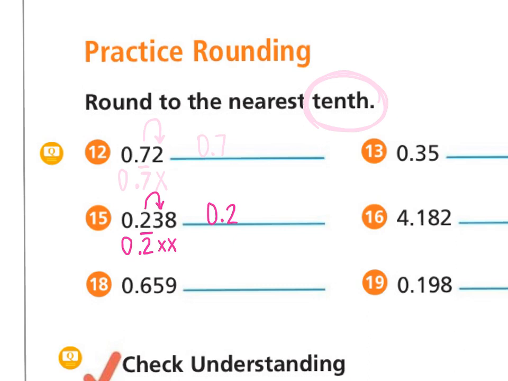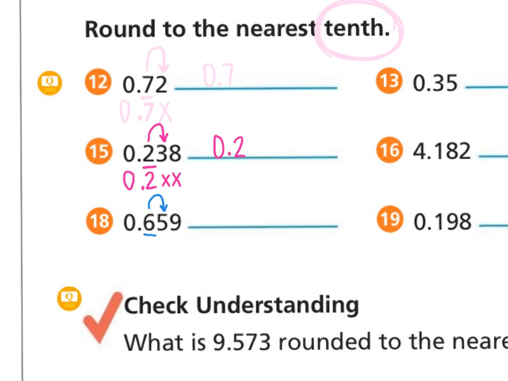Number 18, underline the digit, look next door. If it's 5 or greater, which it is, add 1 more. My 6 becomes a 7, decimal stays the same, 0 stays the same, 5 and 9 are eliminated.